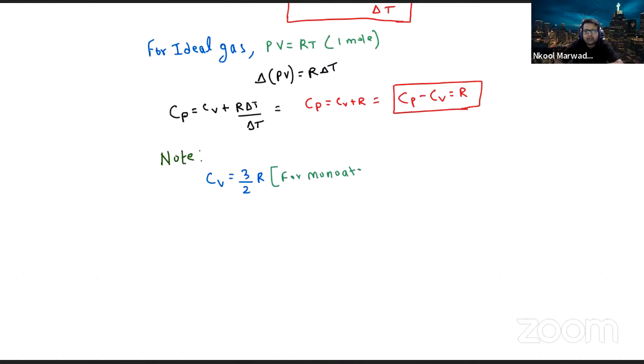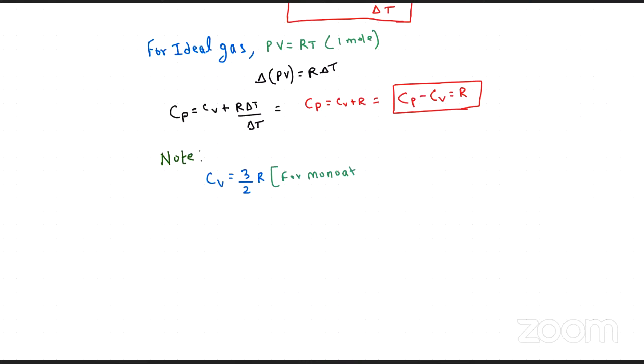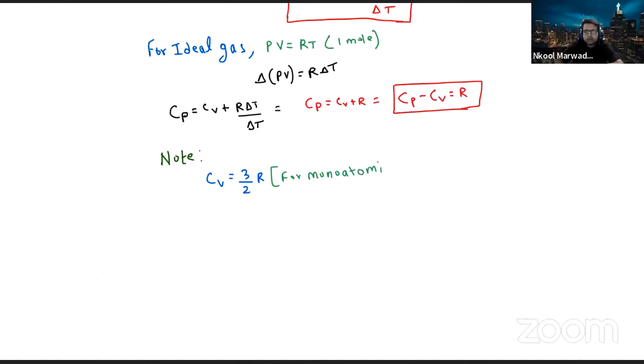If a monoatomic ideal gas is given in the numerical, then Cv we can take as 3 by 2 R. And the Cp is 5 by 2 R for monoatomic ideal gas.